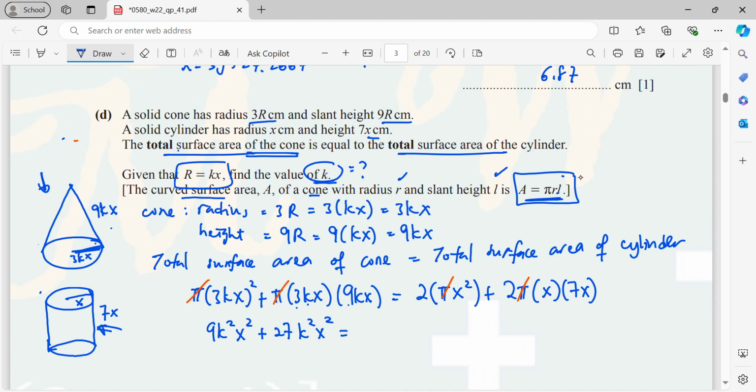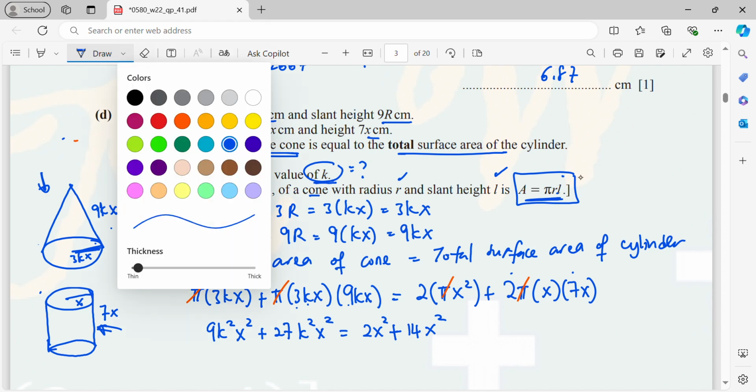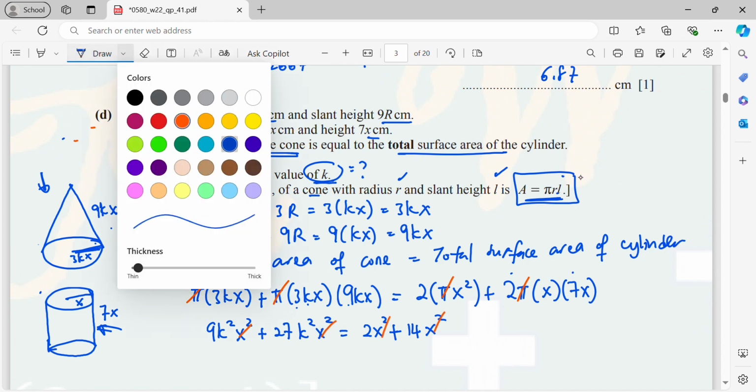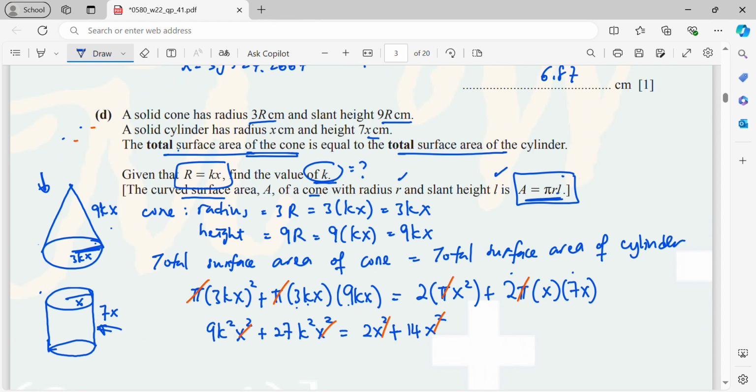Now for the right side, you will get 2x squared plus 2 times 7 is 14, x times x, x squared. Then from here, all the x squared will be cancelled off. Then here, I will be getting 9k squared plus 27k squared, that is 36k squared. And then the right side, 2 plus 14 is 16.